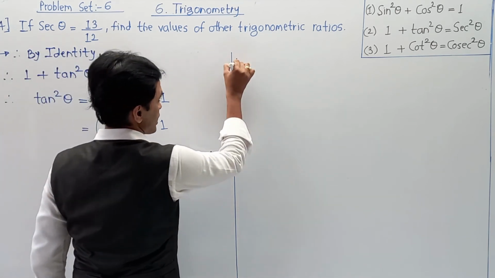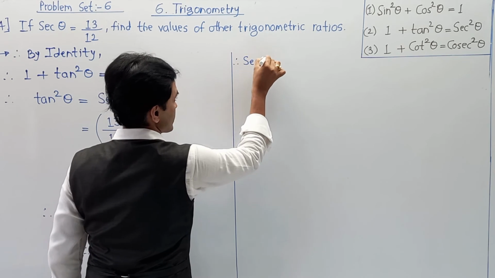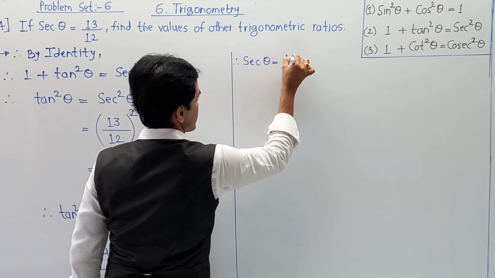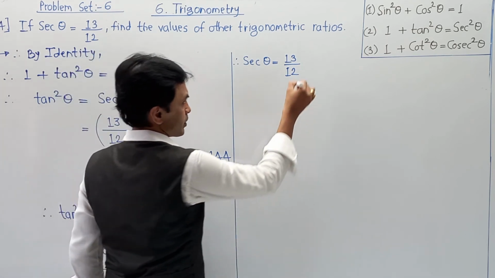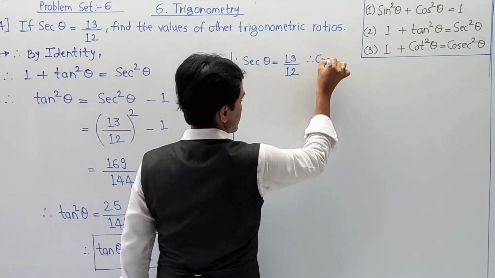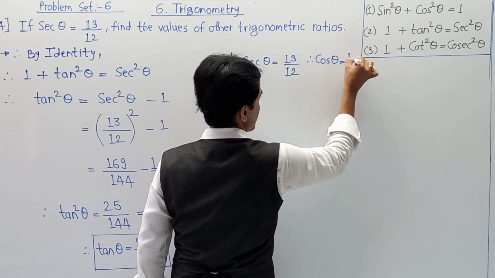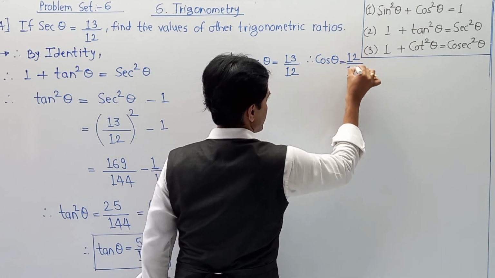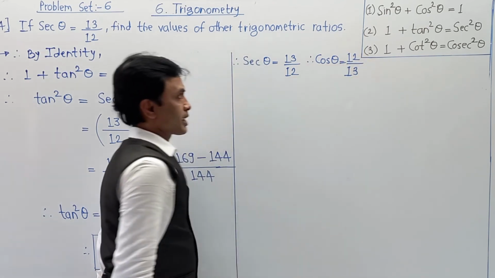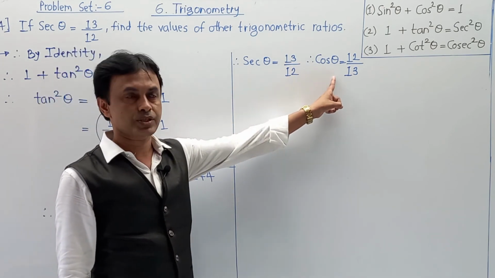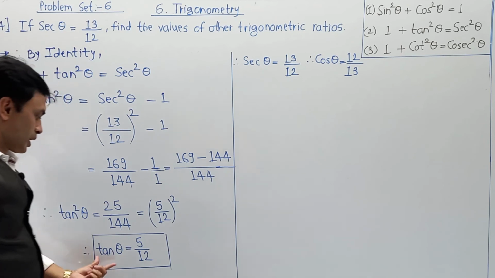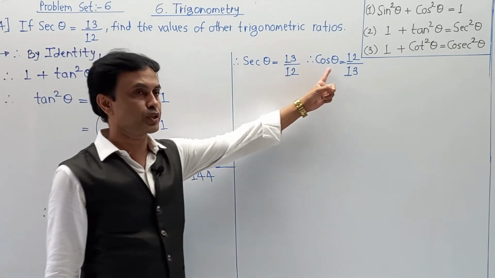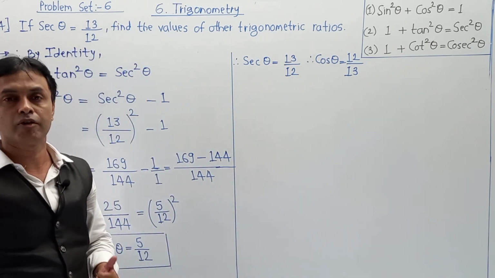Therefore cos theta is equal to 12 upon 13. Exactly the reciprocal of this, so automatically the cos value is with you. Now tan is with you, cos is with you, so definitely we can calculate the value of sine.